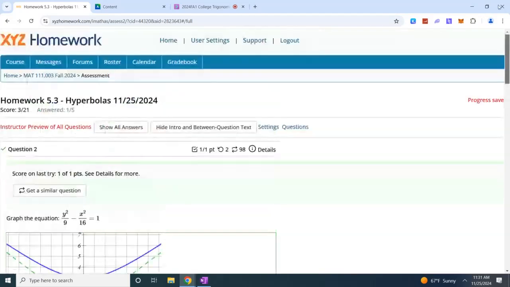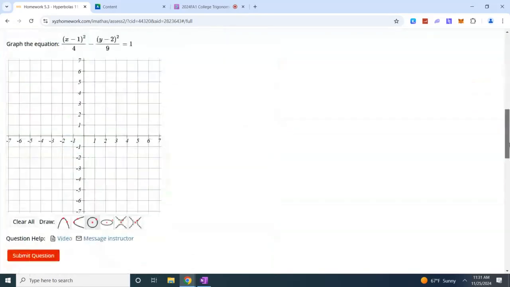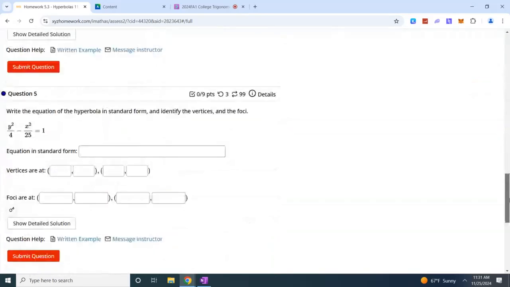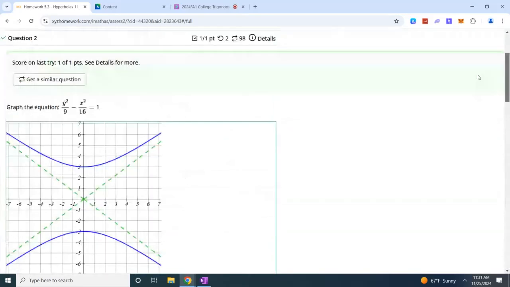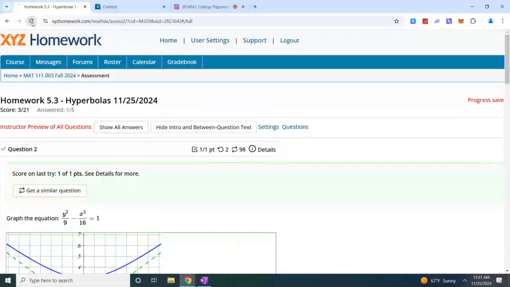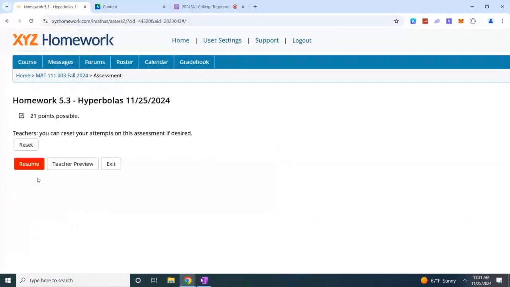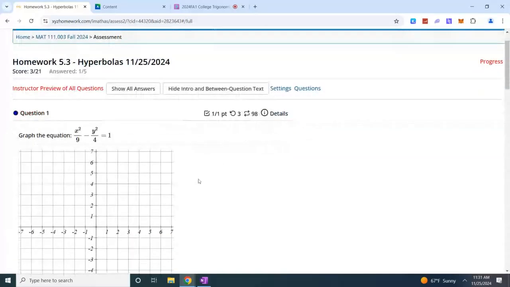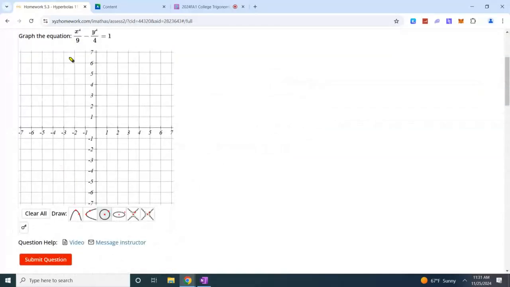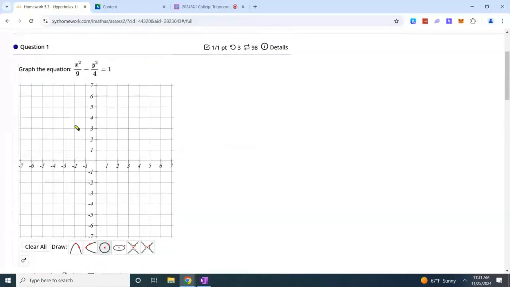For whatever reason, I'm starting at problem number 2 instead of problem number 1. Now I've refreshed, and it's giving me problem number 1. Let's take a look.